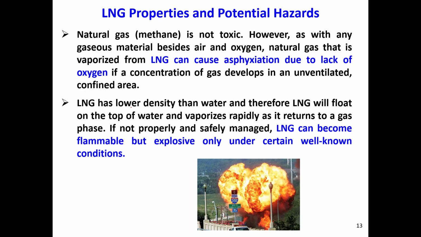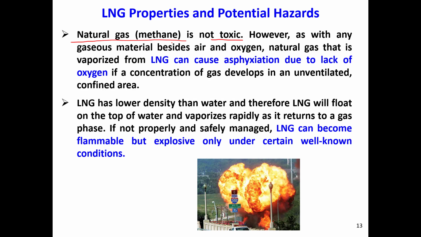LNG, or natural gas, is mainly methane. Methane itself is not toxic. I mean, maybe the word toxic is not appropriate, but like any other gas, if you are exposed to a high concentration, it can damage your health because your body needs oxygen.